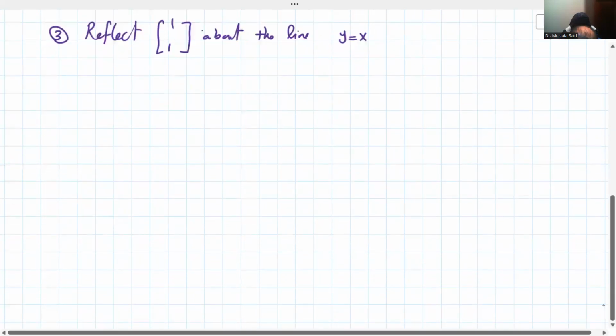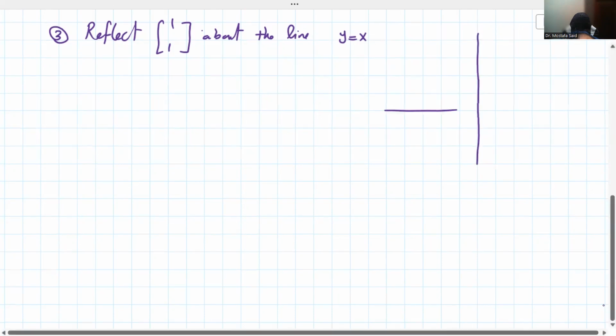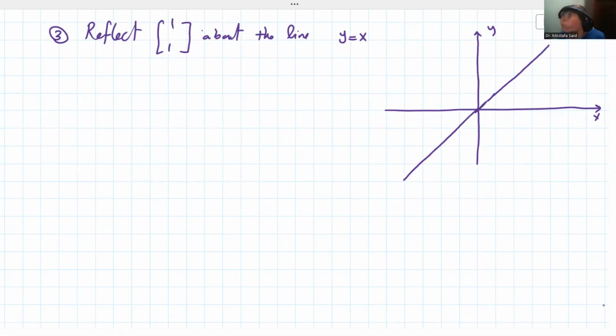So again, this is the y-axis, the x-axis, and y equal to x is this line basically. It's a line that makes 45 degrees with the x-axis. Why?